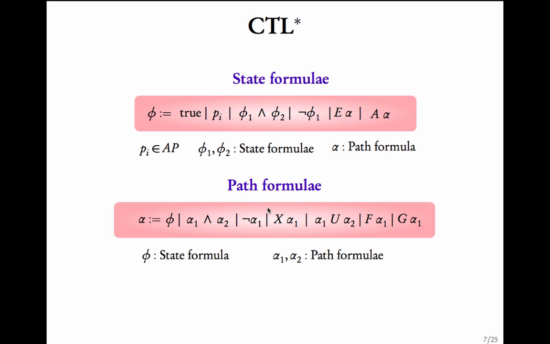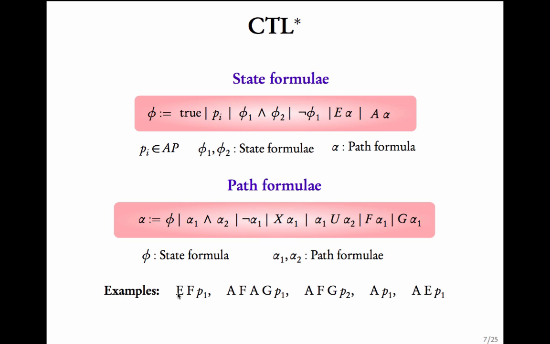Let us look at certain examples. You can say E of alpha, and alpha can be F of some path formula again, which could be phi, and phi could be p1. So you know how you get EFP1?